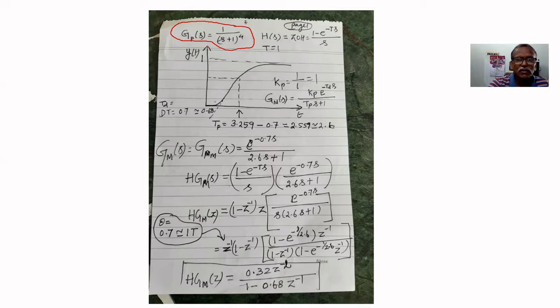For that, we have to get the open loop step response, say the reaction curve, as shown in the figure. Notice that this is the reaction curve for the given 1 by (s plus 1) to the power 4.